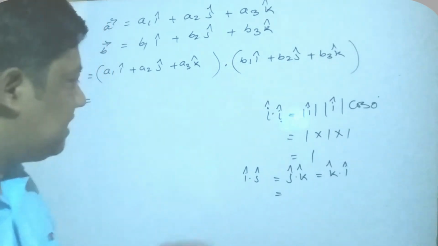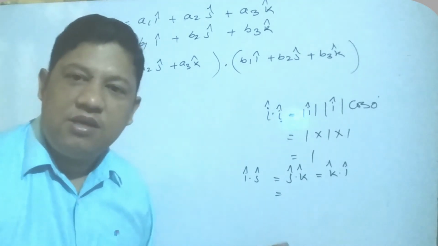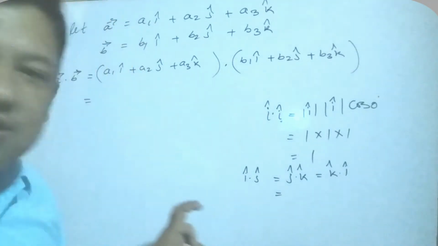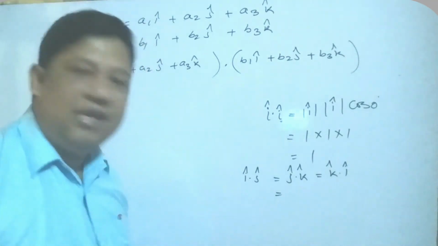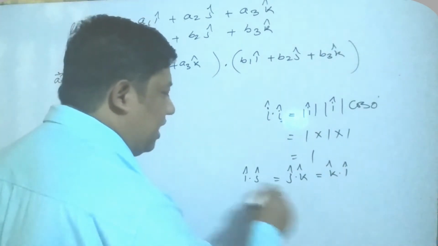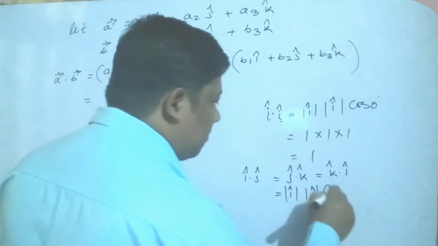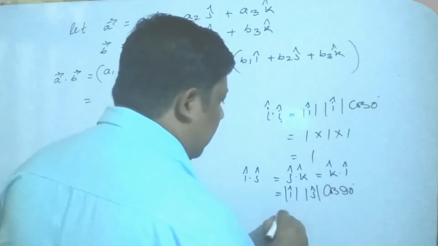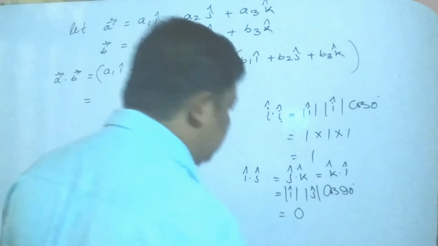So in these cases, they form a 90 degree. Okay, my students, they form a 90 degree. In these cases, the angle becomes what? 90 degree. Since the angle is 90 degree, if you use this identity, mod of i mod of j cos 90 degree, and cos 90 equal to how much? 0.